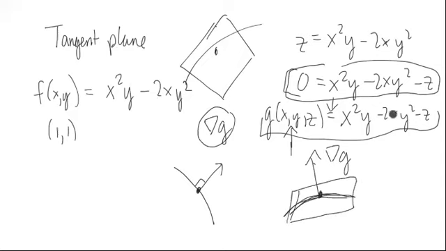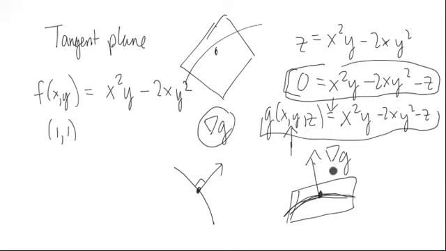Because this represents a level surface, where you fix this value. So if you go tangentially along here and take the derivative and dot it, you're going to get 0, because you're not going to change the output of this. So it's kind of nice.